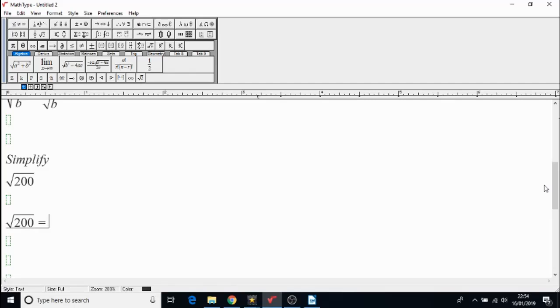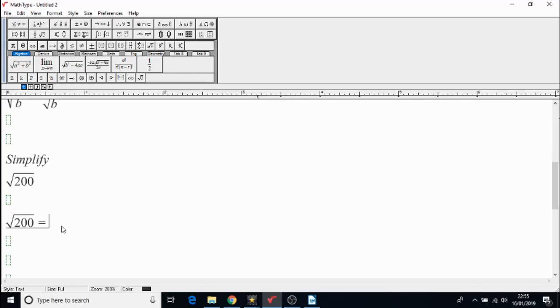You don't know its factors, but you know 94 is an even number. So the square root of 94 is equal to the square root of 2 multiplied by the square root of 47. It's always a safe bet when you're dealing with even numbers.